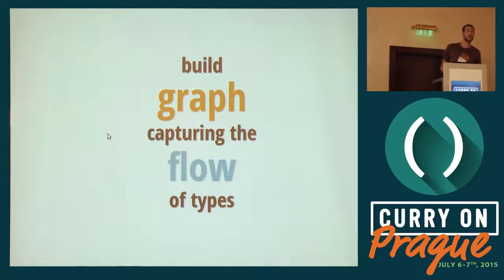This graph that I produce has something called abstract values as nodes. These basically correspond to a given variable or property or other location in the program that might have one or more types. So if you have a variable x and you assign a string to it, then the abstract value corresponding to x will be noted to contain a string.